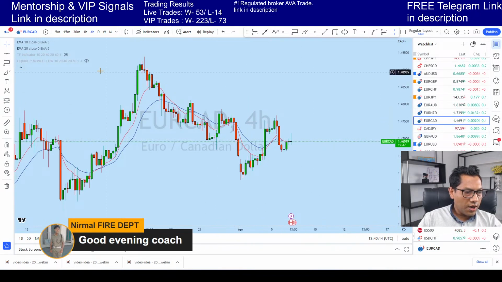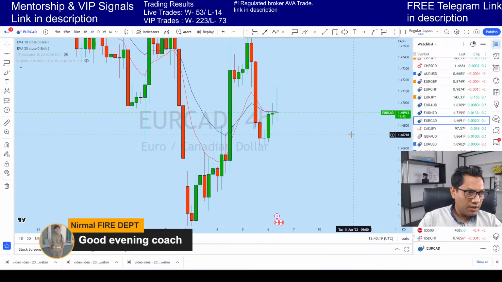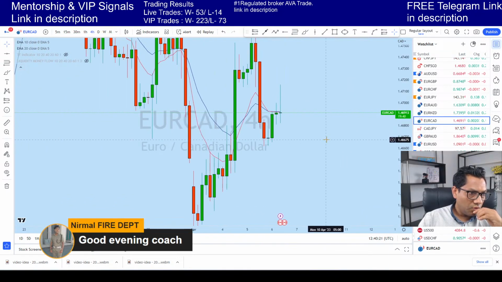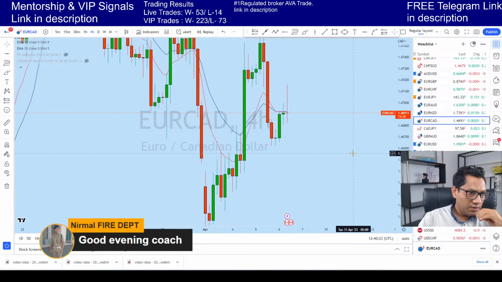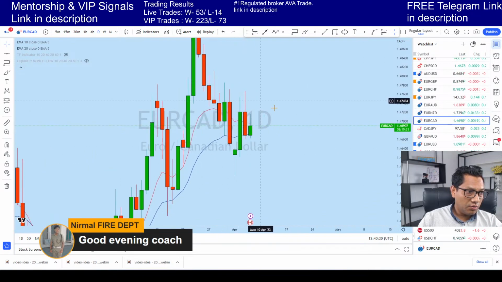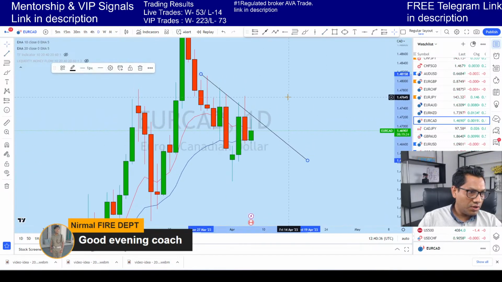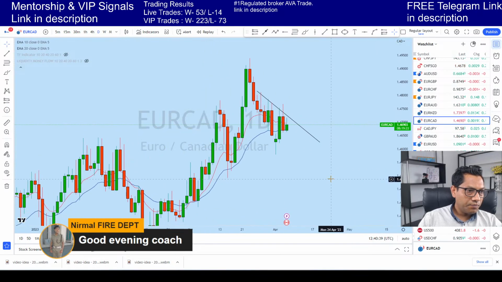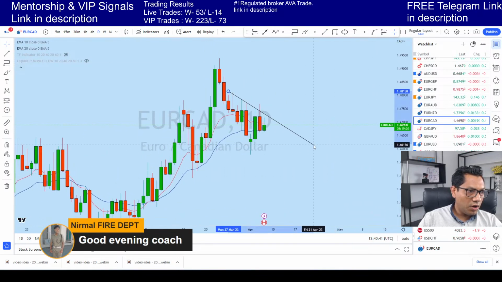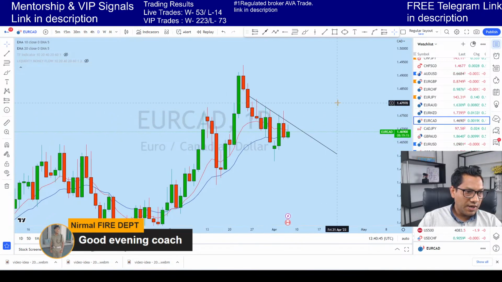Okay, so Euro CAD, you can see that it's forming a doji. If it forms a doji, we might be able to find a buying opportunity on Euro CAD. There is a liquidity grab at the top, so when you look at multi-time frame, you see how the price is forming. From the multi-time frame, I see that Euro CAD is showing selling pressure.